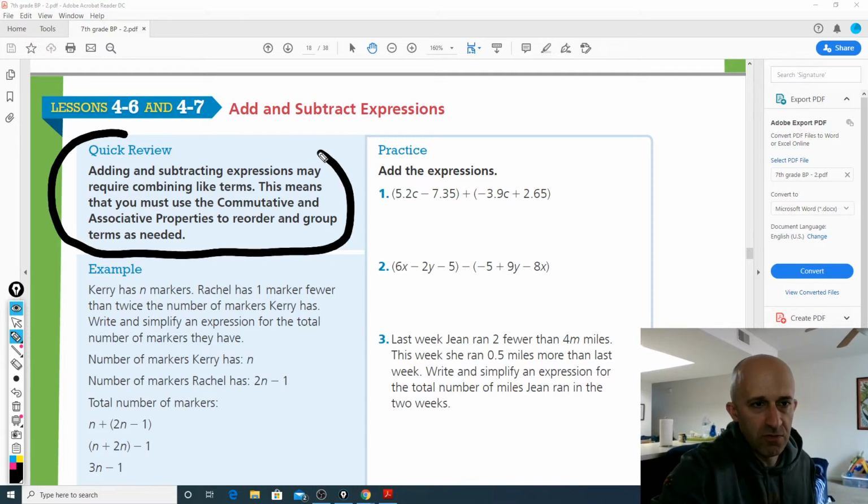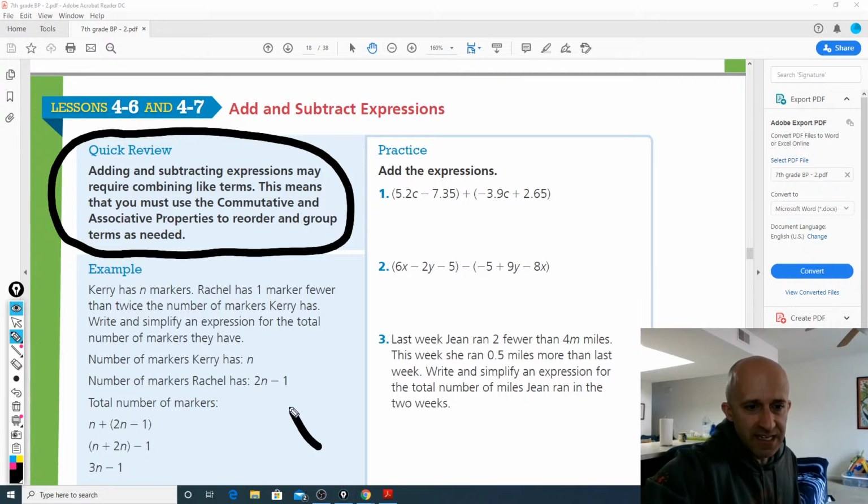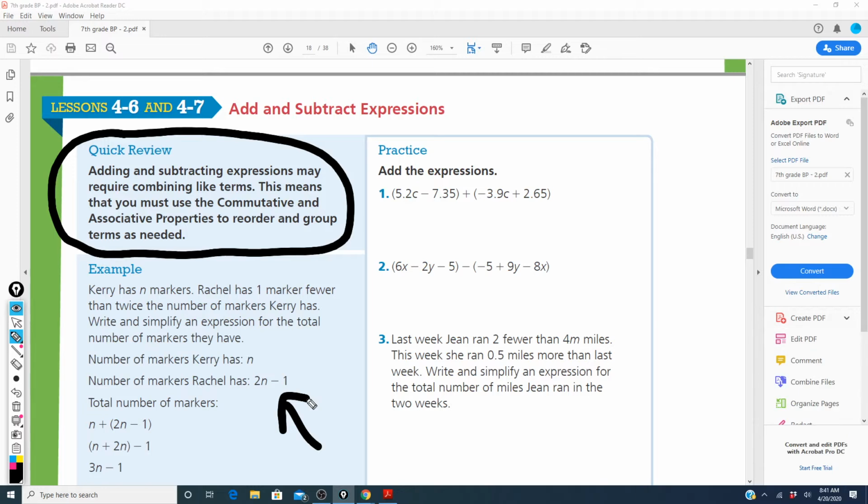This is supposed to go over at least a majority of the stuff that we've gone through throughout the year, at least to some point. Obviously, we didn't use every single thing because we're out at March 13th or whatever it was. It gives you a review of everything as well as an example of what we're looking for here. So we talk about adding and subtracting expressions.